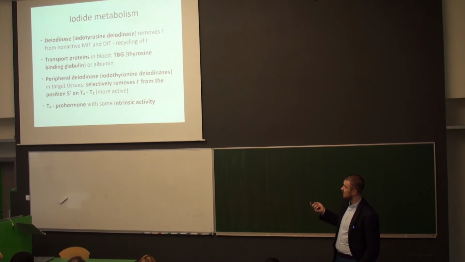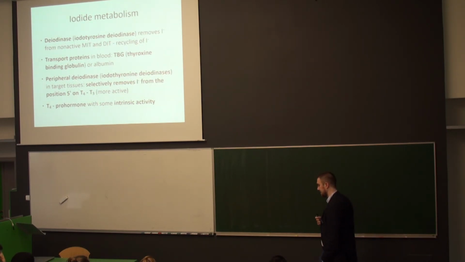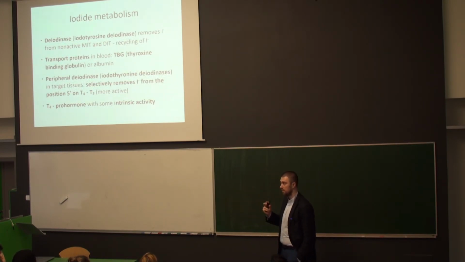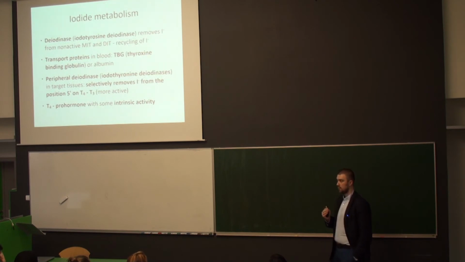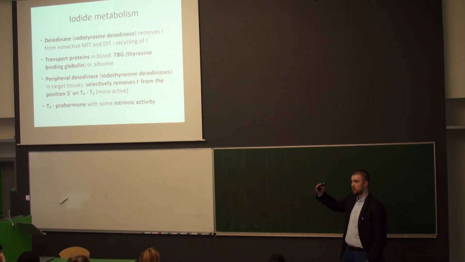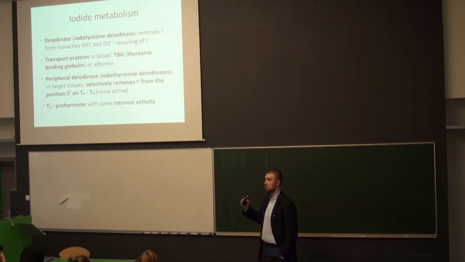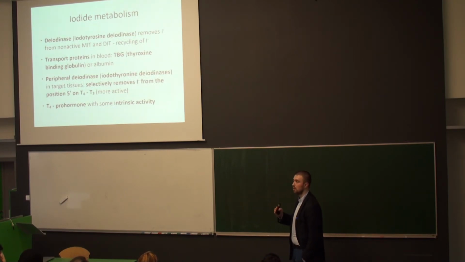That means that it does the deiodination of the molecules of iodotyrosine. And it doesn't matter whether it's monoiodotyrosine or diiodotyrosine. Yes, therefore, iodotyrosine. And this enzyme takes the molecules of monoiodotyrosine and diiodotyrosine, removes the iodine from it. The iodine you transfer to the colloid, and the tyrosine molecule comes back to the endoplasmic reticulum and is incorporated into the new molecule of thyroglobulin.